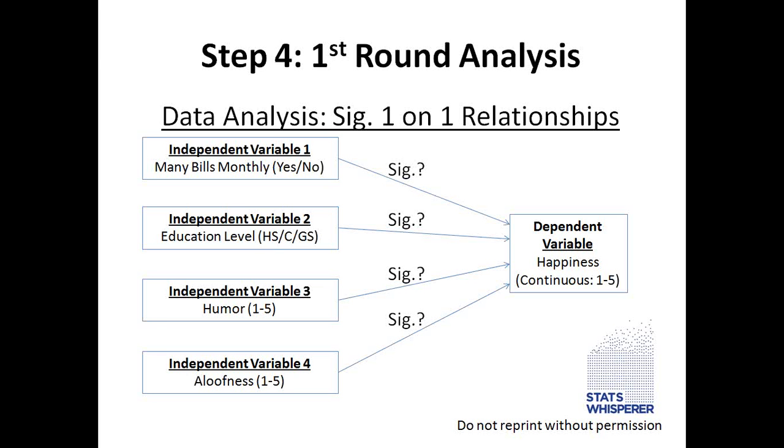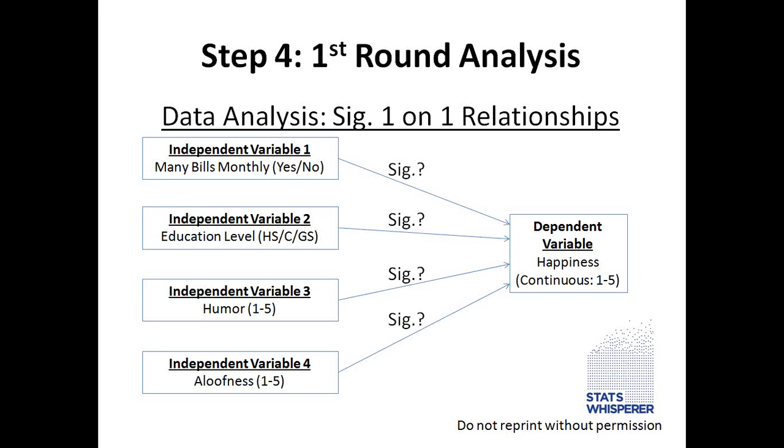So the same thing, except we have a dependent variable, which is our construct of interest, and that's happiness. So we're saying which of the independent variables one-on-one has a significant relationship with our dependent variable. Does having many bills monthly have a significant relationship with happiness?